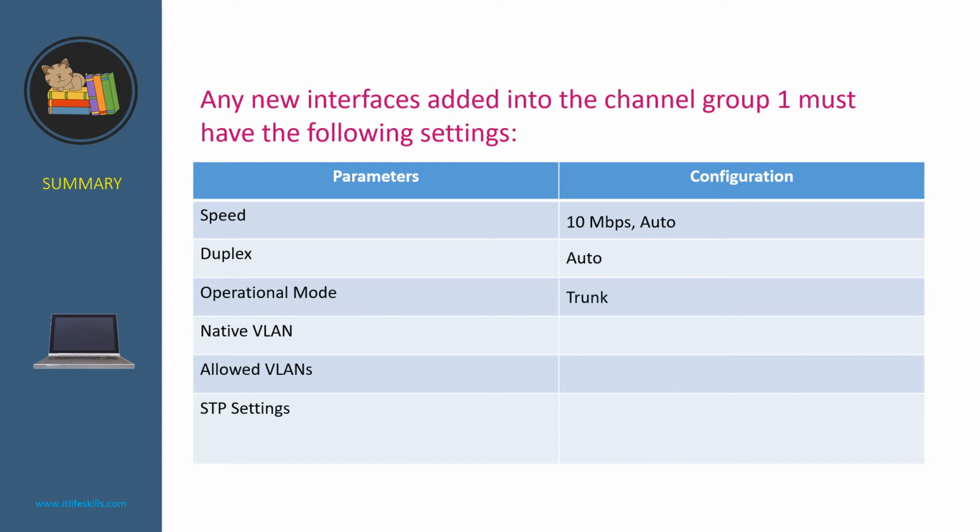The trunk native VLAN is VLAN 1. The allowed VLAN list is the VLANs from 2 to 100. The STP settings: the port path cost is 100, the port priority is 128, and the link type is shared.